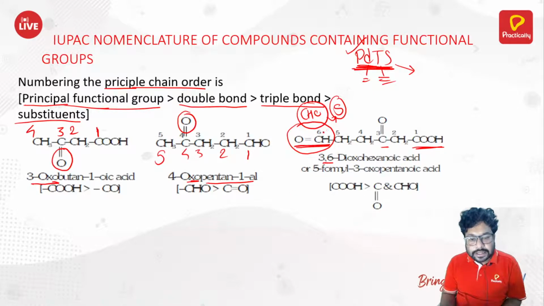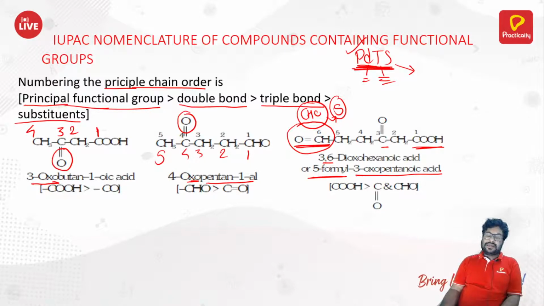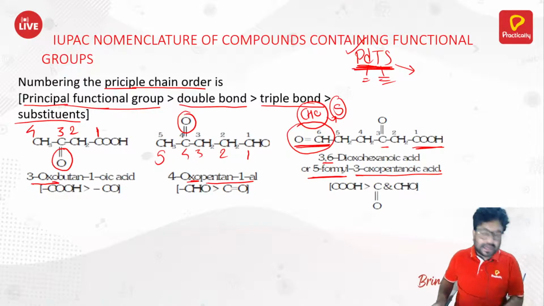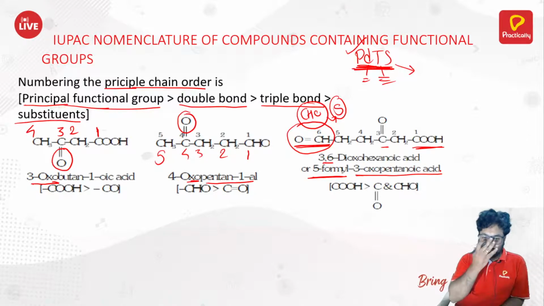Then what do you write this CHO as? Formyl. And it is attached at the fifth carbon, right? So you write 5-formyl, 5-formyl-3-oxo pentanoic acid, just like that. Okay, that is how you actually name it.